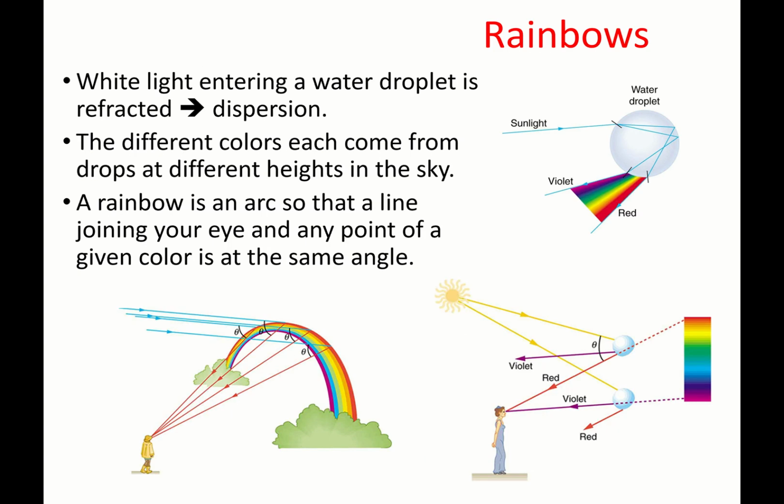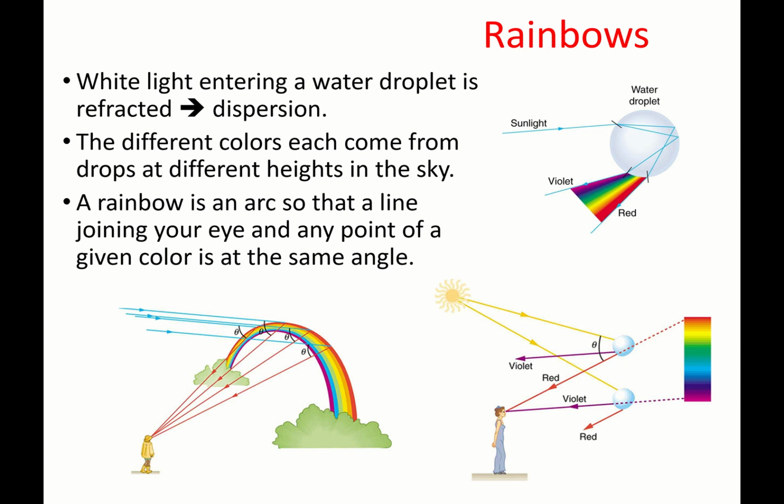And that's why we also see a rainbow when it rains. If you're standing in a particular position such that the sunlight is coming from behind you and it's hitting water droplets up in the sky, that sunlight, which is white light, enters the water droplet.